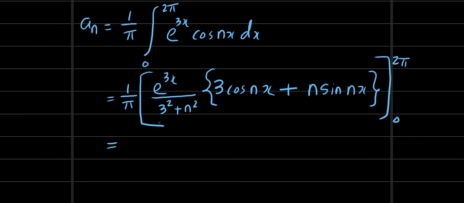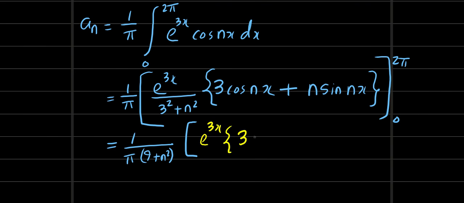Now let's write it a little bit neatly. 1 by 3 square is 9. So pi into 9 plus n square, and then it's e to the power 3x, 3 cos nx plus n sin nx, within the limits 0 to 2 pi.